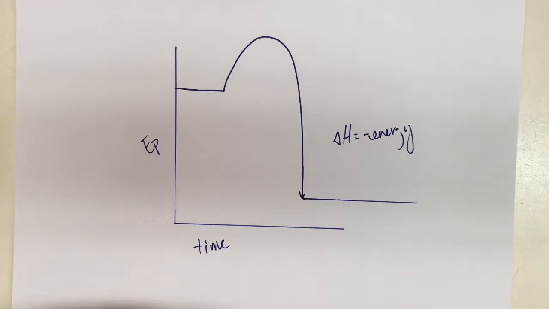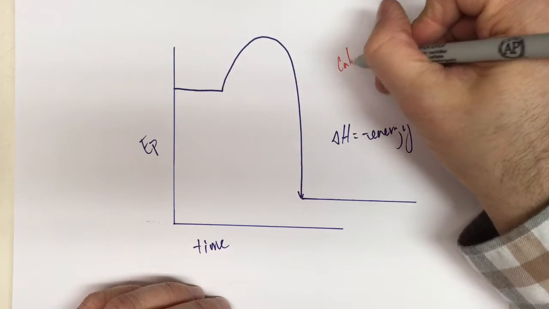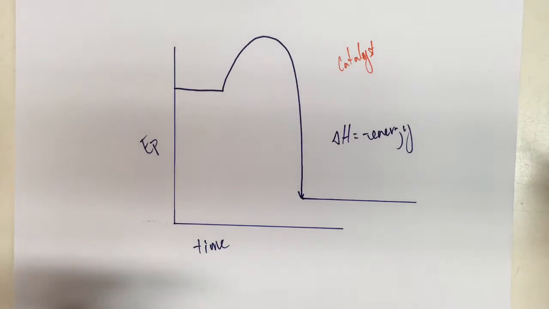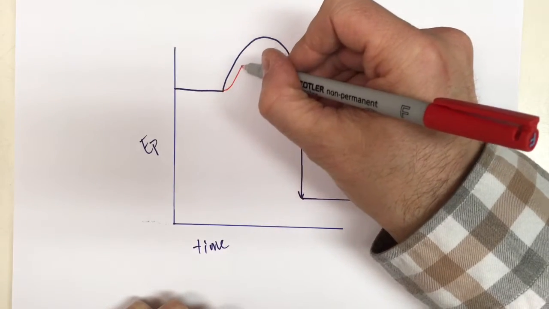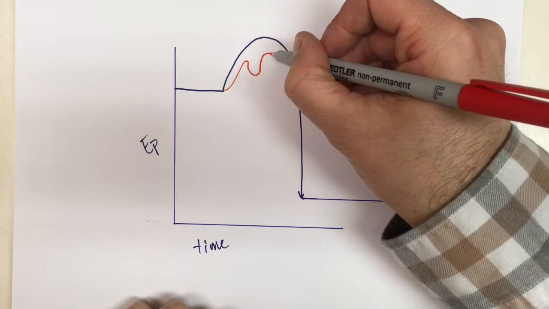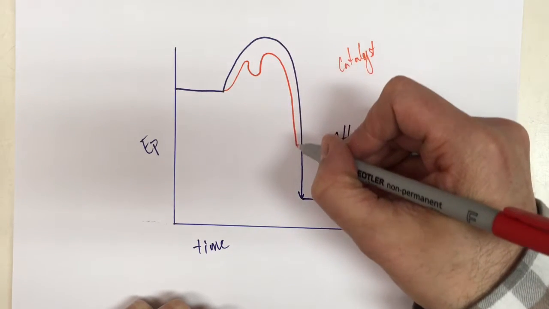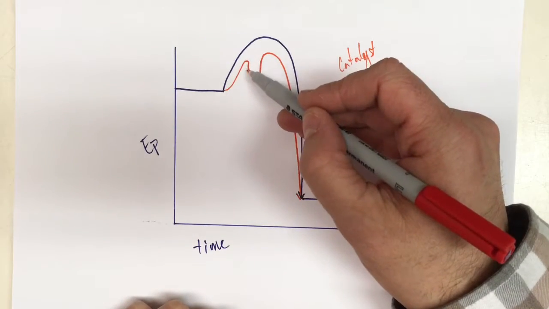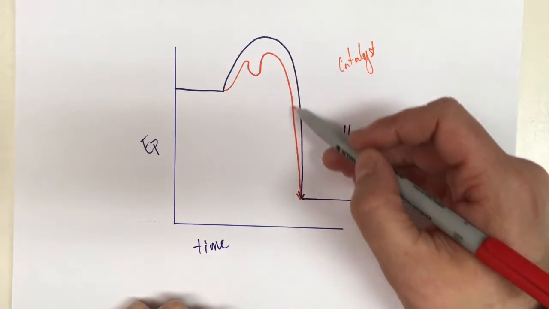The other way that this can occur with a catalyst is by providing alternate reaction pathways. So maybe there's one reaction and then a second reaction, and this has its own activation energy. You get some back and then another activation energy.